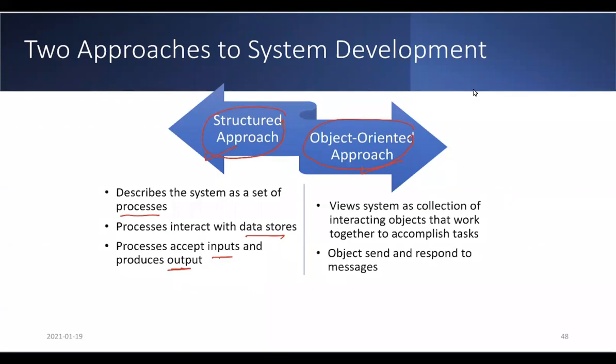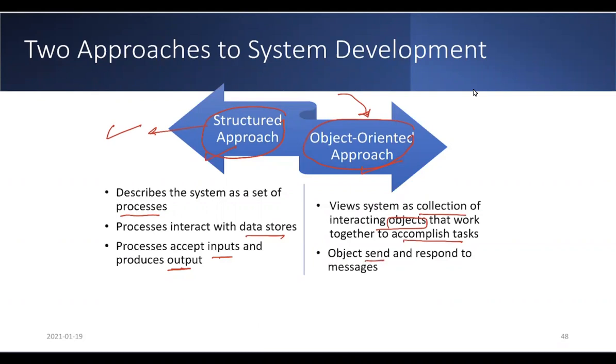It's a very simple approach to deal with requirements modeling. When people started to model requirements, they started with the structured approach, and then they figured out some drawbacks of it. So they moved to the object-oriented approach, in which we view the system as a collection of interacting objects that interact together to achieve a certain task.